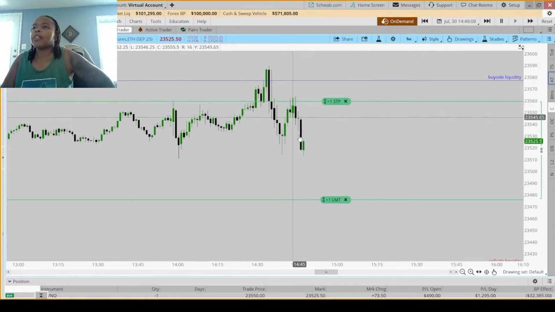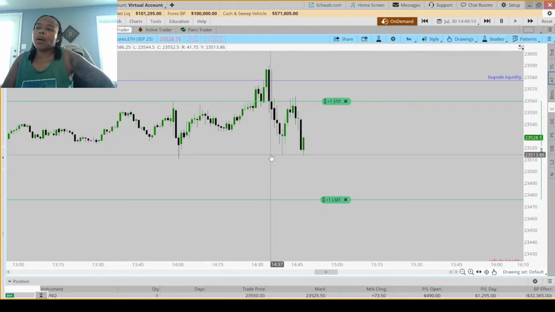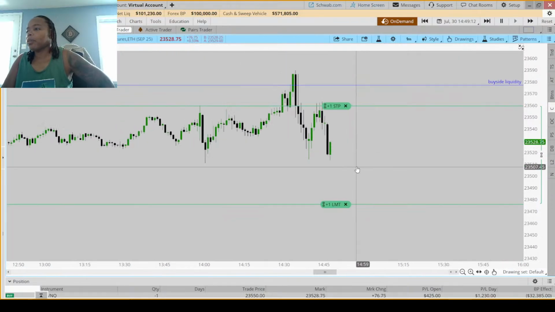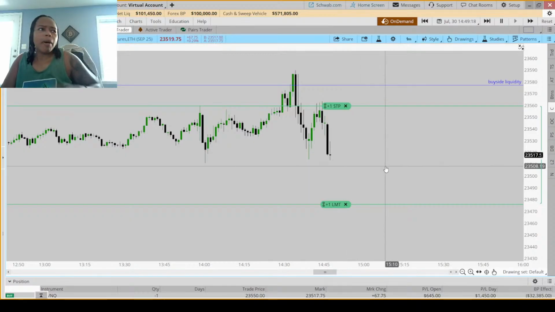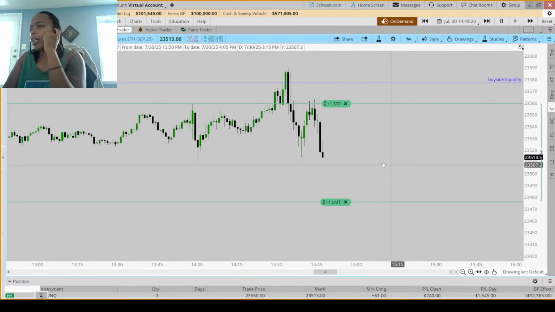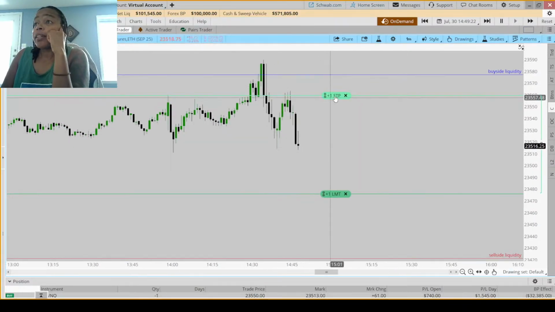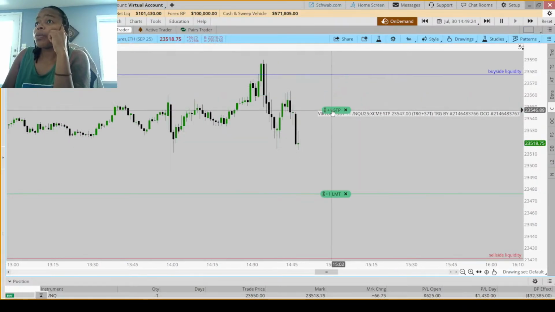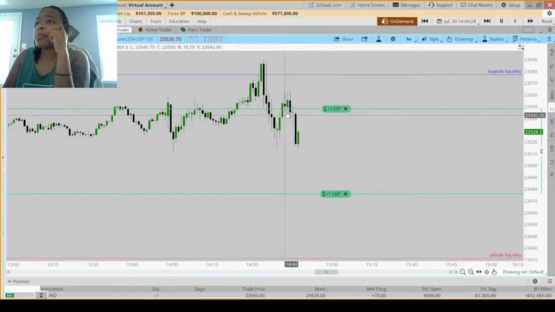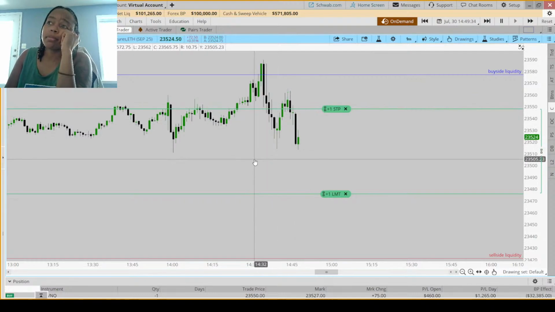So at this point, I need them to take this low out so I can move my stop. Drop 425. So once it dropped, I was just like, come on, go, go, go. So it's at 740. There's no way in hell I'd want to take a loss on this. So I would just move it to here, just a little bit below the entry point, which is at the base of this candle, and hope that they want to continue dropping.